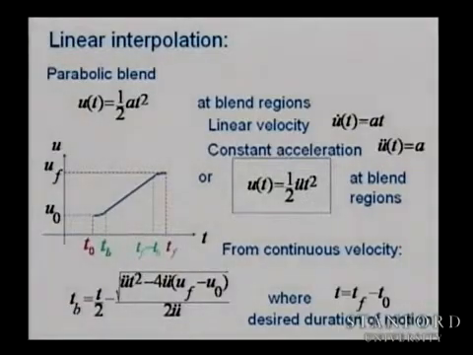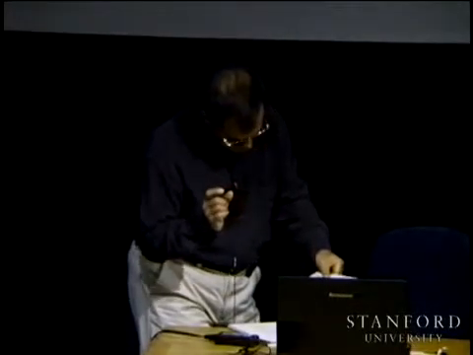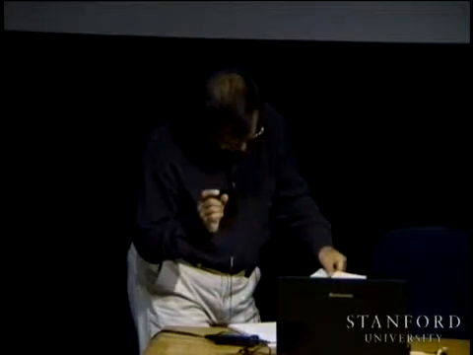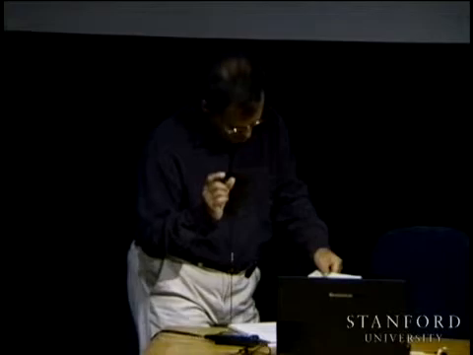Interesting. We want to make sure that the time of the blend is the same, which is t sub b. So that should really be t sub 0 plus t sub b, because you want that to be the location of the blend.